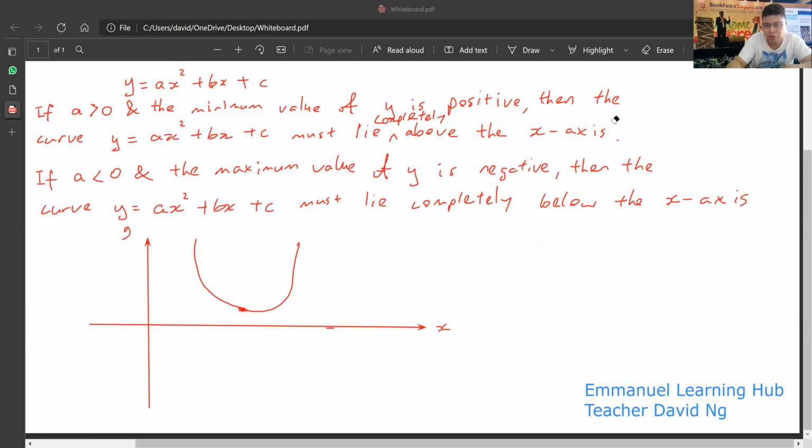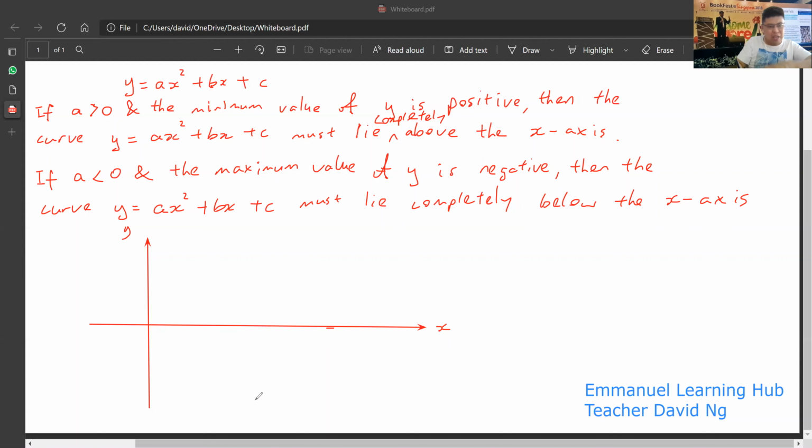So you understand the first sentence already, how come it's like that. Using the same token, can you explain the second sentence? So a would be smaller than 0.